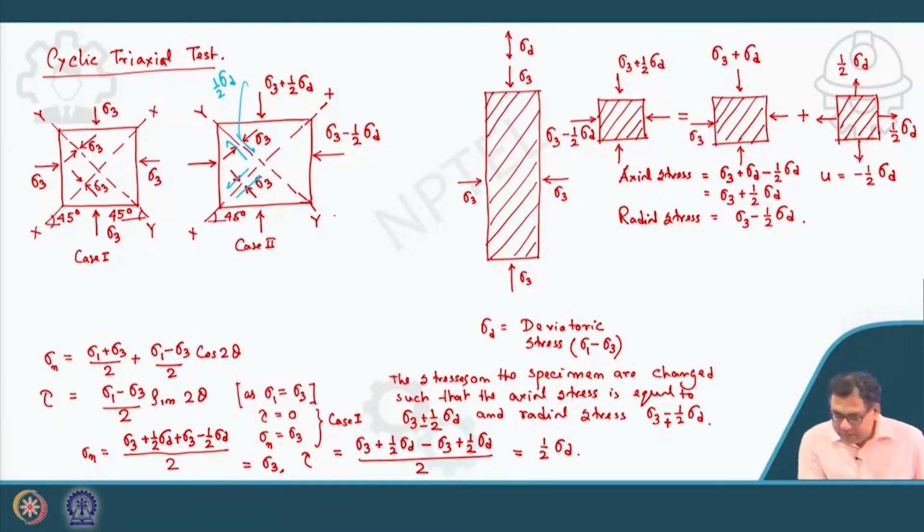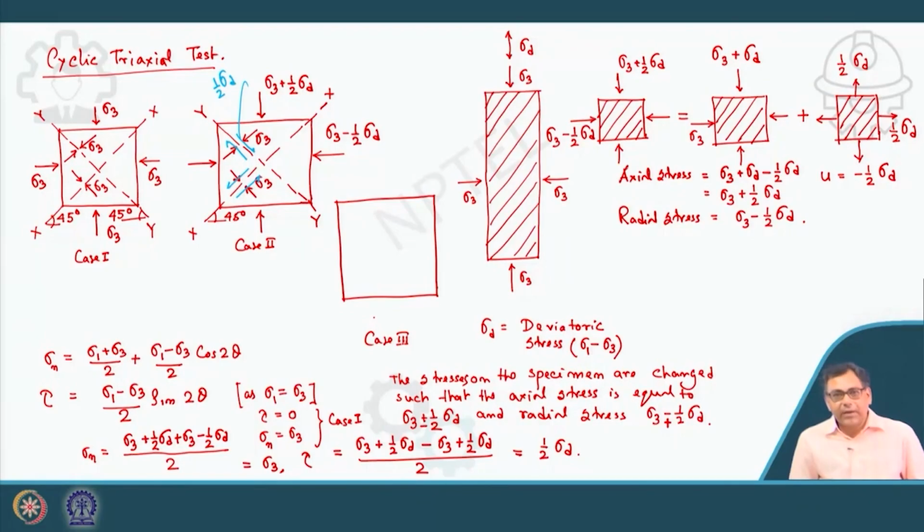Okay, so for the second condition, the same element, that is my case 3. Okay, so that is also a loading condition. Now your axial is sigma 3 minus half sigma d, and the radial one is sigma 3 plus half sigma d.